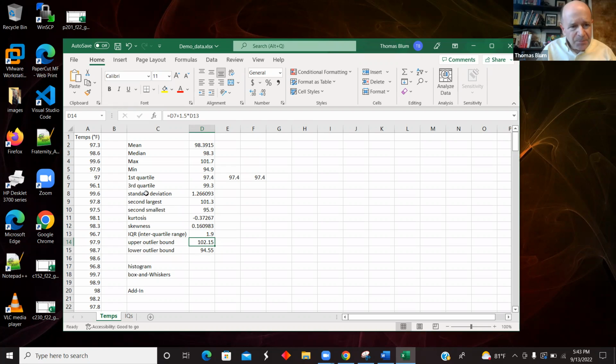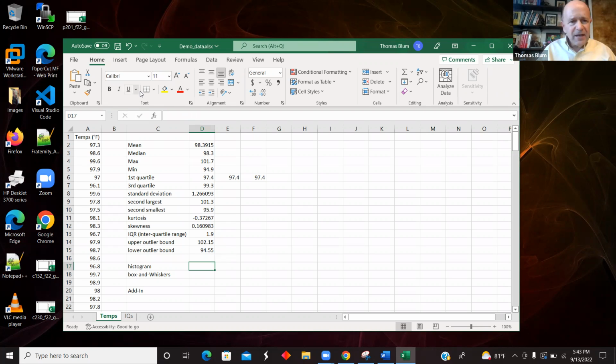So D7 was my third quartile, and I add another 1.5 times the interquartile range. That gives me a bound; any points above that are considered outliers. Then I also take D6, the first quartile, and subtract 1.5 times the range, and anything below that would be considered an outlier. You can have outliers on either side. In this data, I don't happen to have outliers on either side.